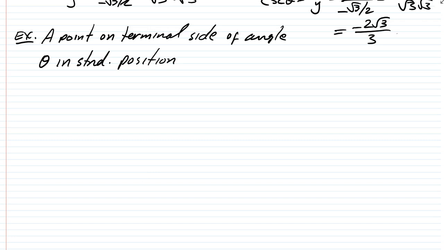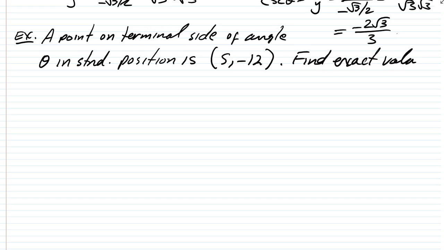That means the initial side is on the x-axis and the terminal side is determined by the coordinates of the point P. So theta in standard position has its terminal side through 5 and negative 12. You see that? Let's say we want to find exact values.